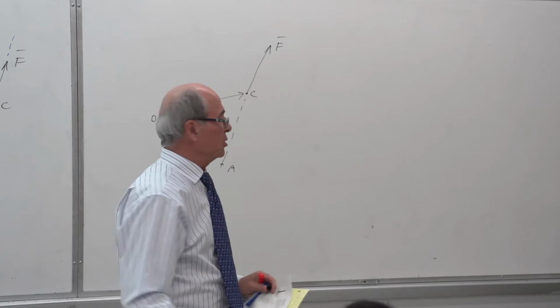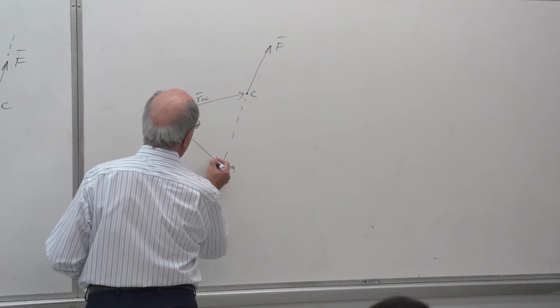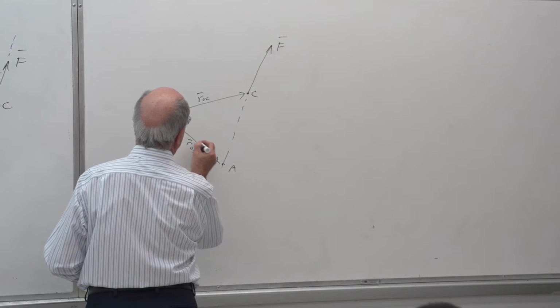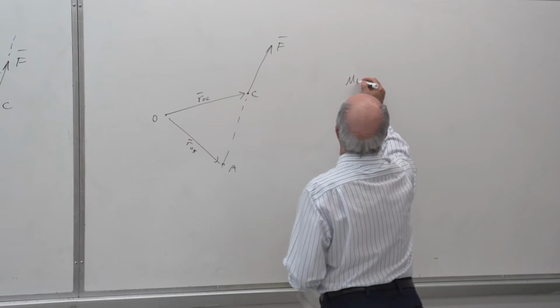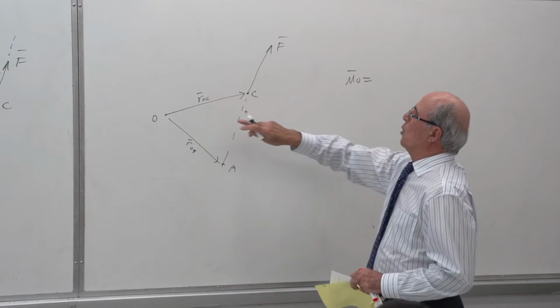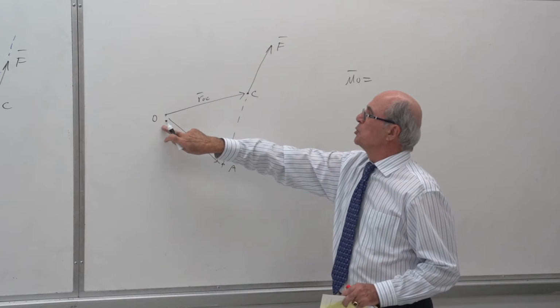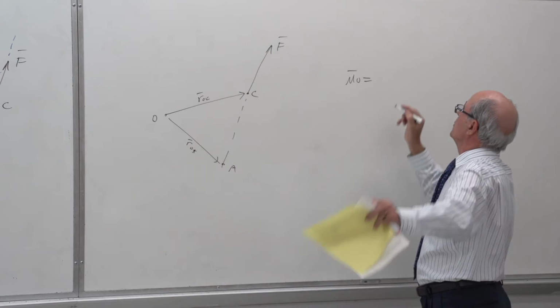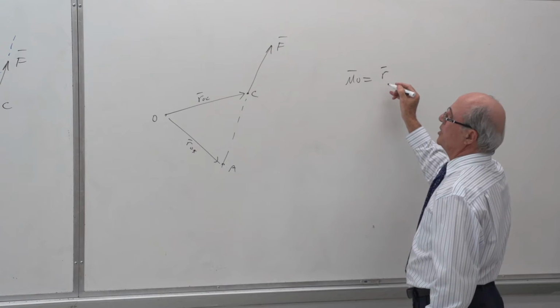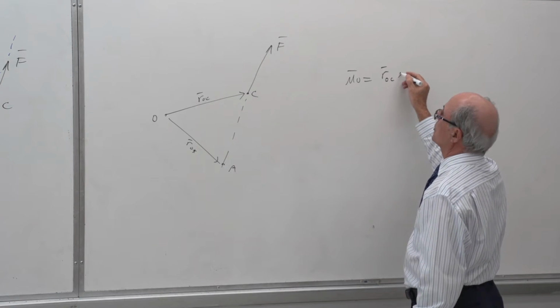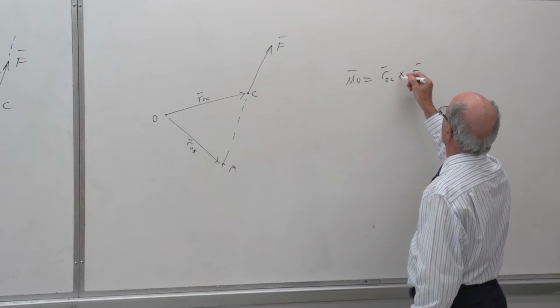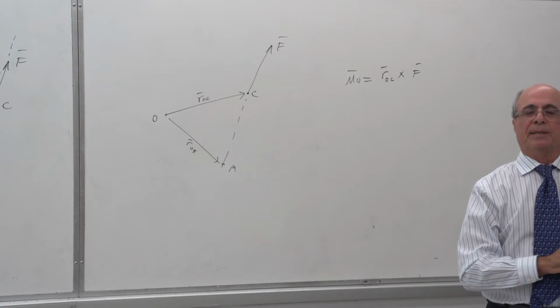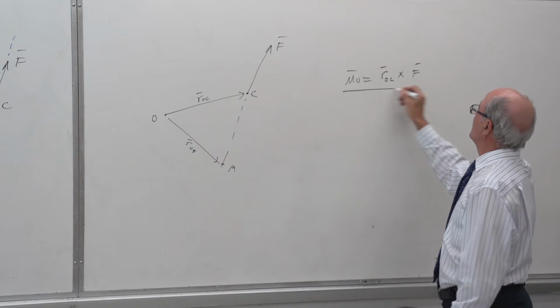I gave you another position vector. So suddenly I said ROA. So we know this. We know M from the past. Moment of this force about this point O, according to the original explanation, equals ROC cross product of F. Is that correct or not? Yes? That's the moment. That's the definition of the moment.